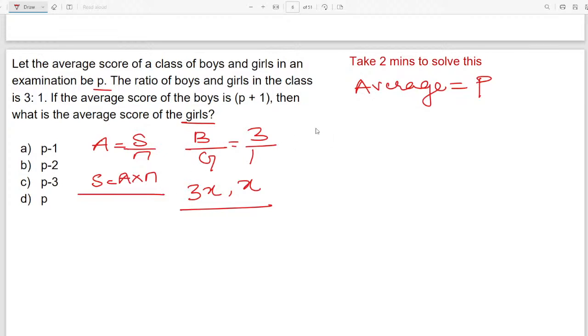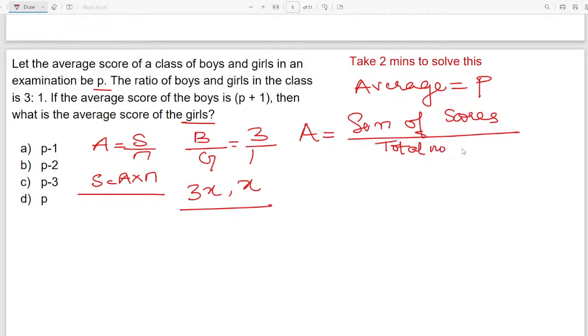So what we can do is take the average formula here. Average is equal to the sum of the scores divided by the total number of students.